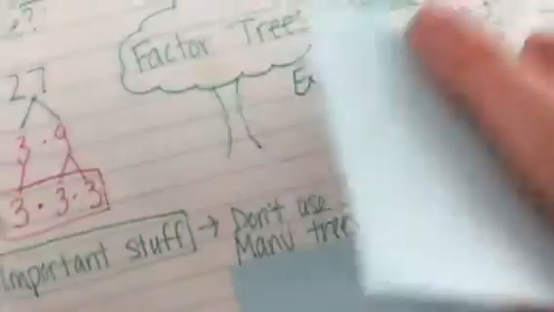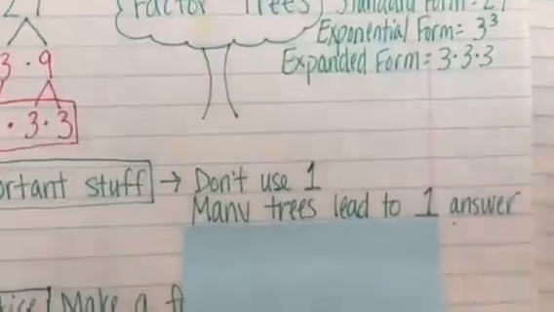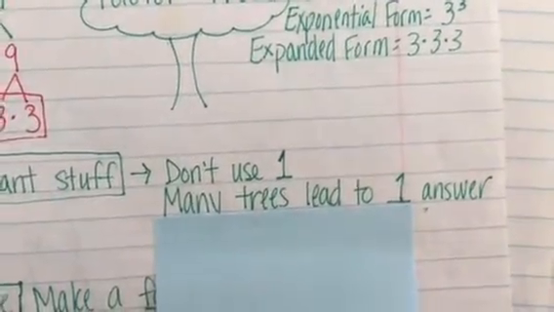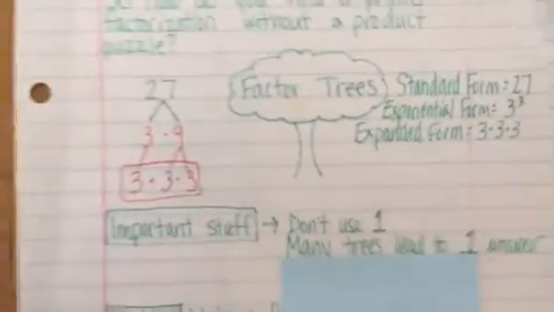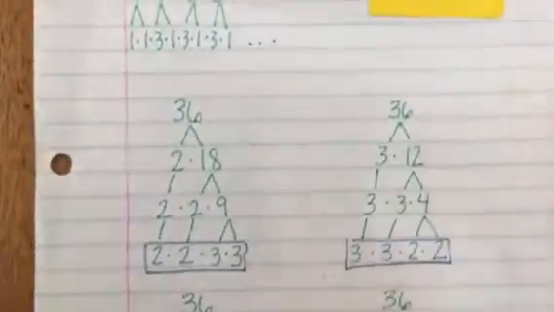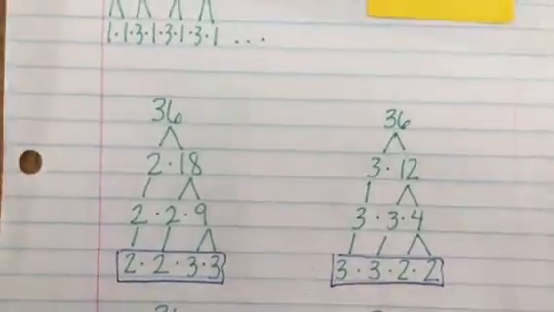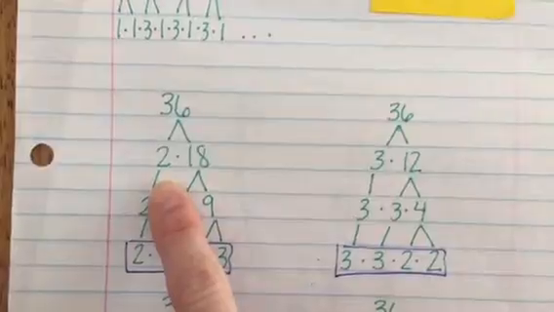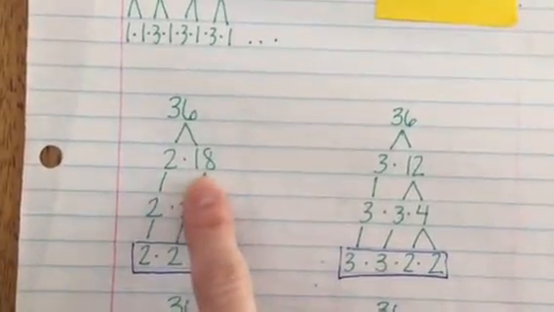The second important thing to remember is that there are many trees in some cases that can still lead to the same one answer. So here's an example for that. I have factor trees here for the number 36. You can see in this first one, I split 36 into the factor pair 2 times 18.